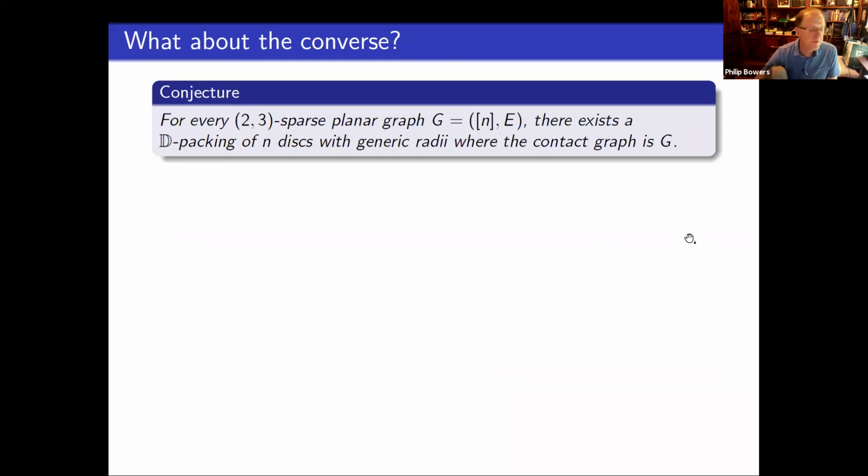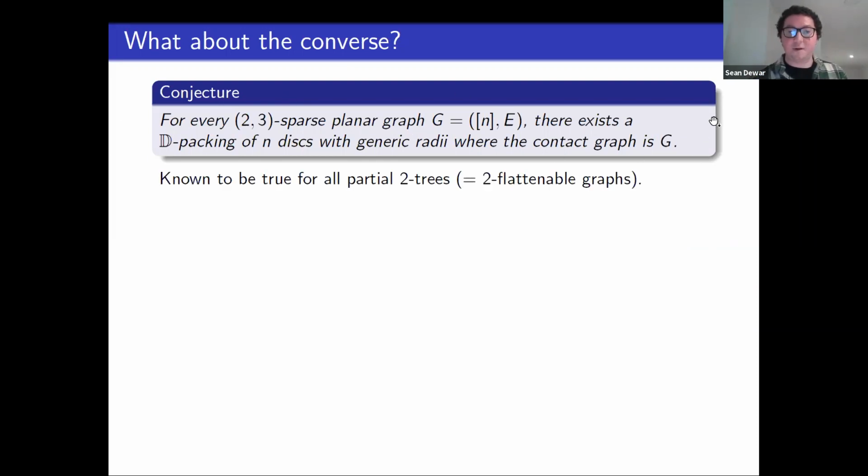Yes. Right, brilliant. So this is what I'm talking about here, the converse. With the generic packing, we want to say, if you've got the graph, can you give me a generic radii disk packing? And you can say it's true for very basic graphs.